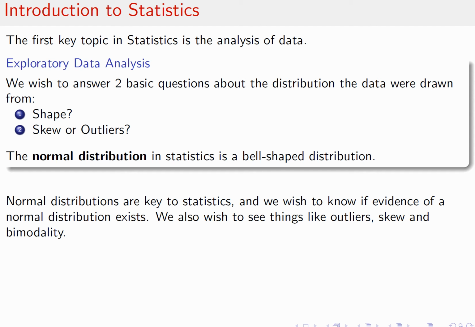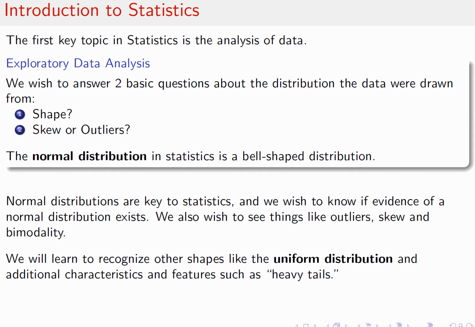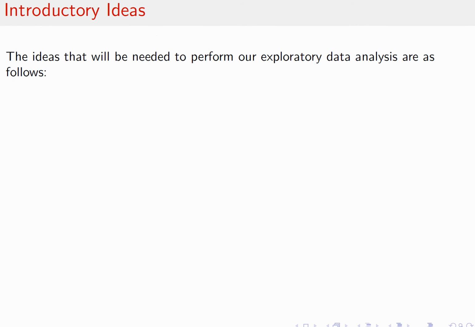All right. So we're going to learn about that just in the context of learning these R commands that we need. And as we go through the course, you'll learn how to pick out various characteristics and features within the data.